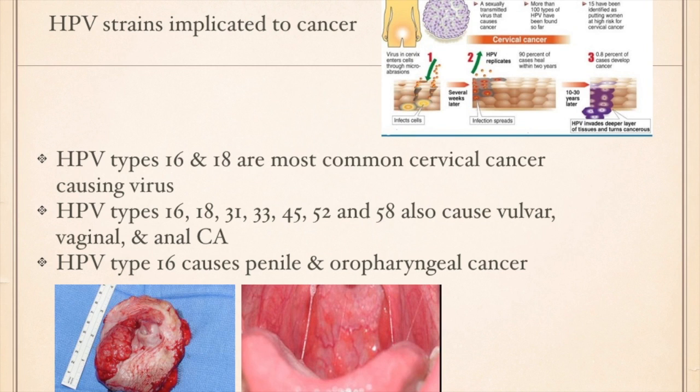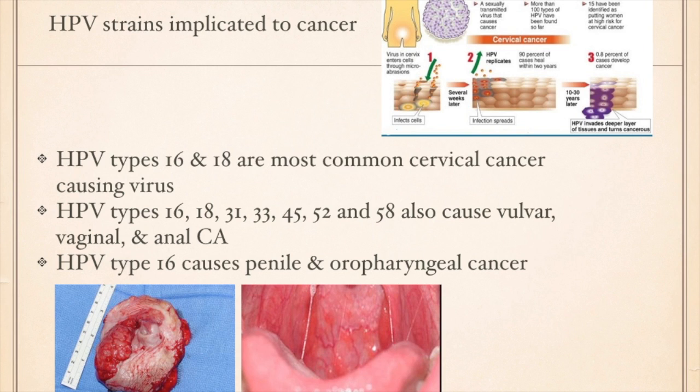But then we also have type 31, 33, 45, 52, and 58. They not only cause cervical cancer, but they can cause vulvar, vaginal, and anal cancers. And then HPV type 16 causes penile and oropharyngeal cancers.